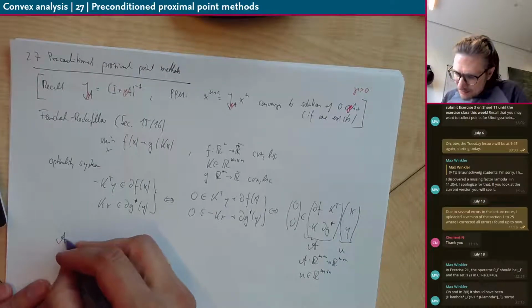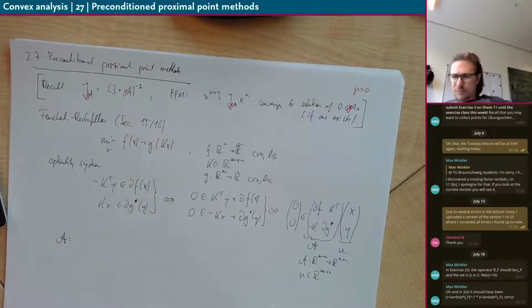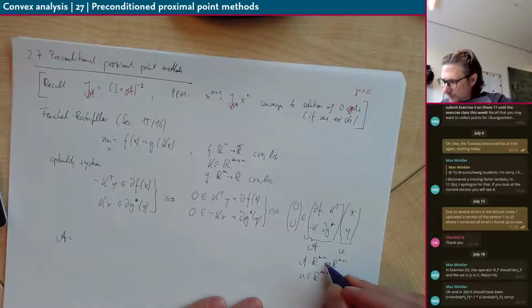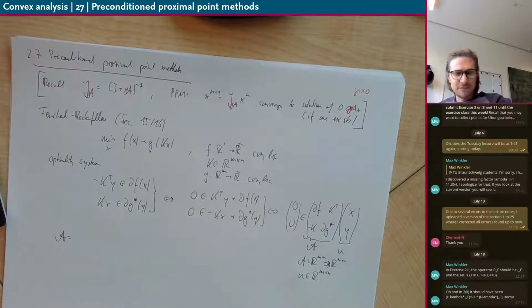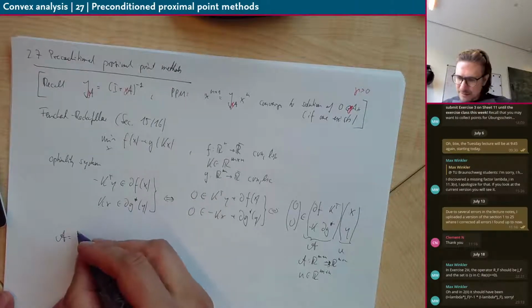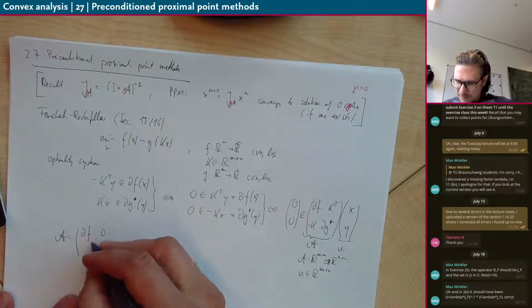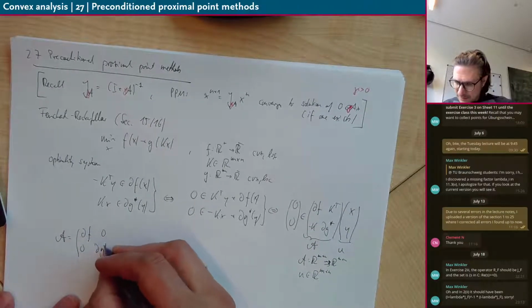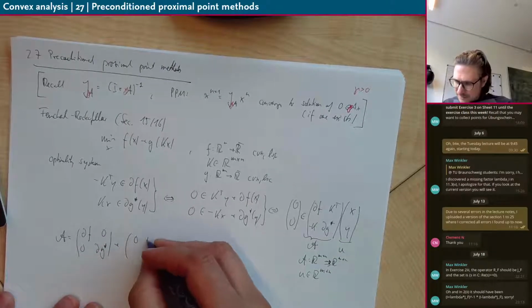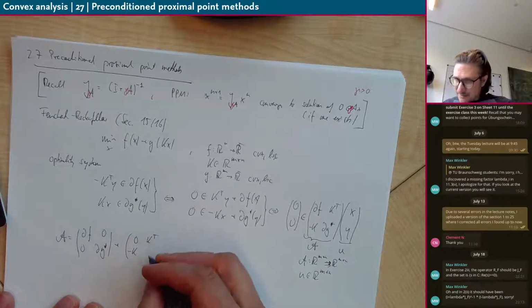Now this A is a block operator, and it's multi-valued. Is it also monotone? Can we see that? Yes, we can, because we can decompose it additively into two sub-operators. One is that guy here, and the other is this here, K transpose, minus K.